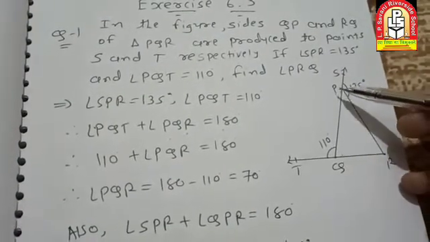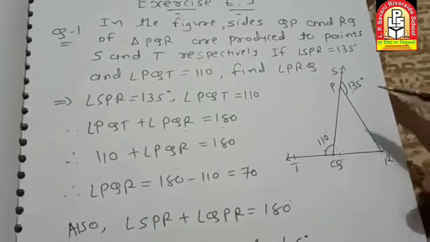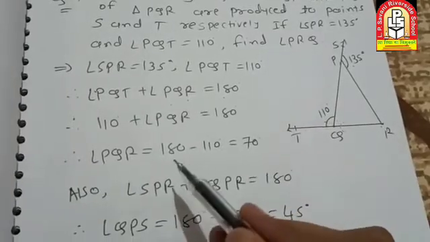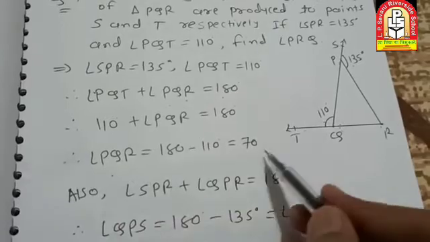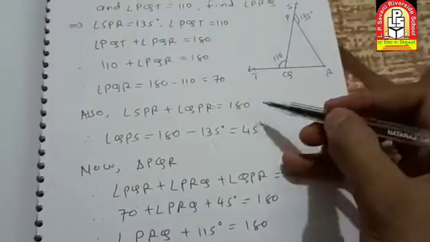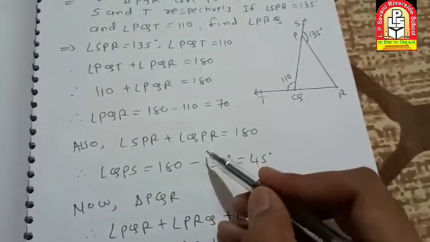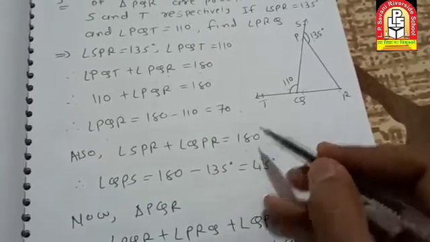PQT plus PQR are linear angles. A linear pair has sum 180. By using that property we get PQR is equal to 70. After that, SPR plus QPR is equal to 180.